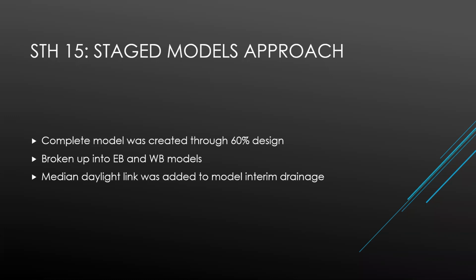And then since the staging concept seemed pretty straightforward, we were going to break it up into an eastbound model and a westbound model. And then to that, we added median daylight links to model the interim drainage.